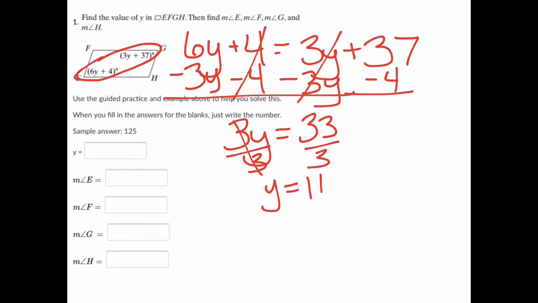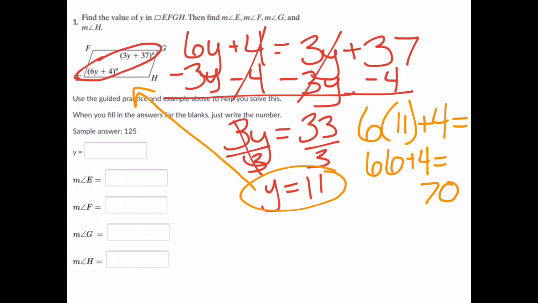And then we can take this y equals 11 and we can substitute the value back in up here for either of our y's to solve for angle F and angle G. So I've done that here in yellow. 6 times 11 plus 4 is 70. So angle F is 70 and angle G is also 70.